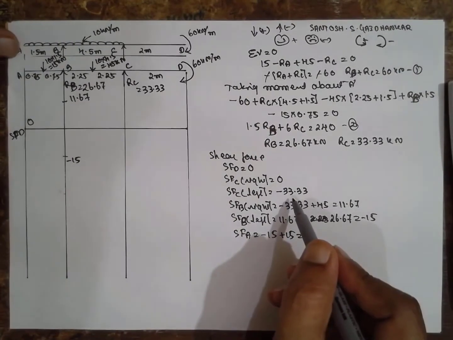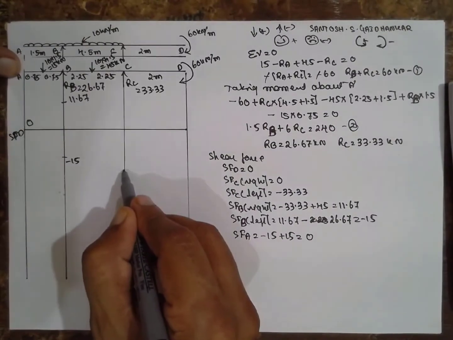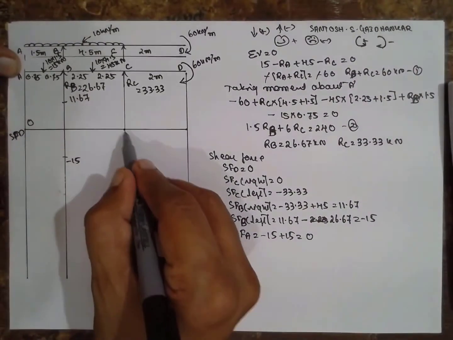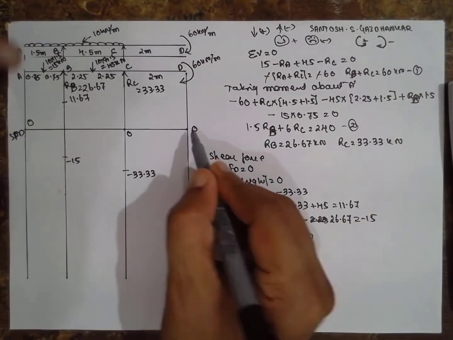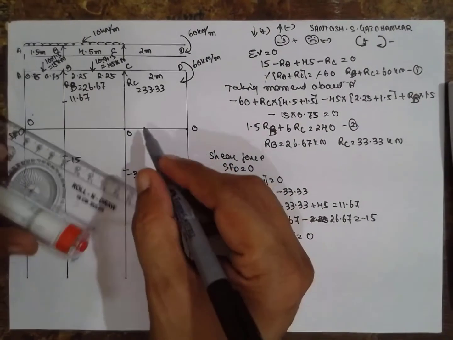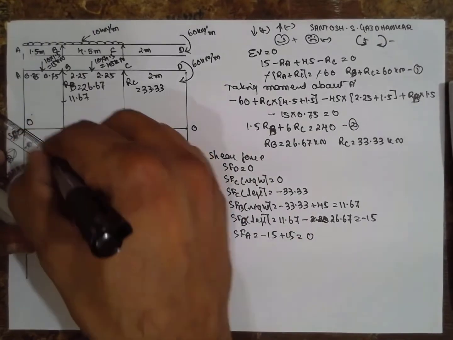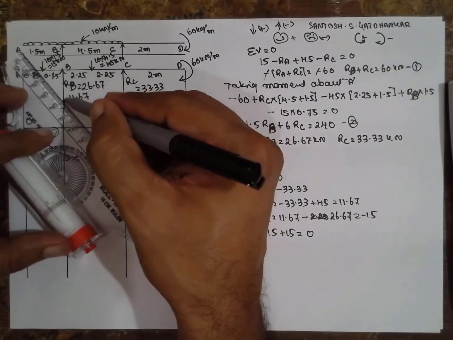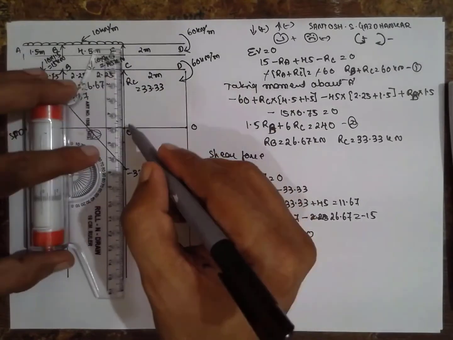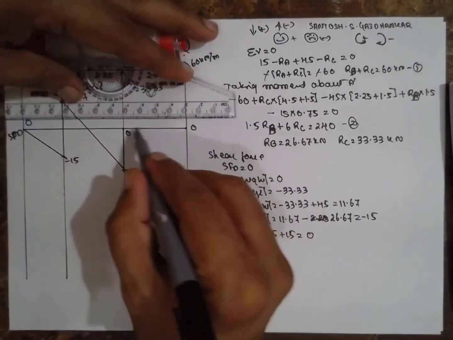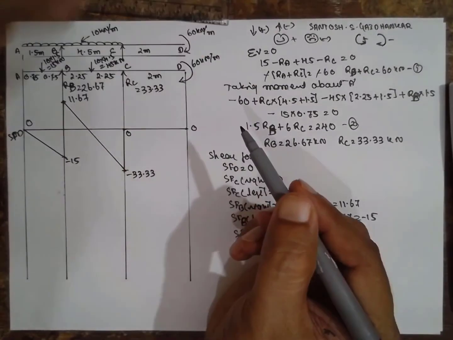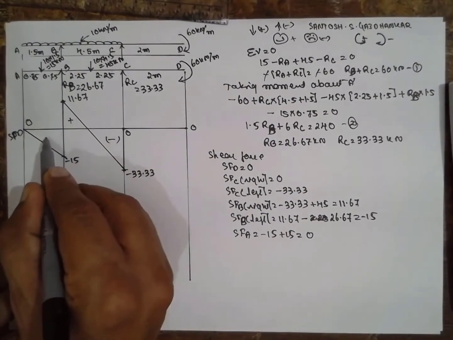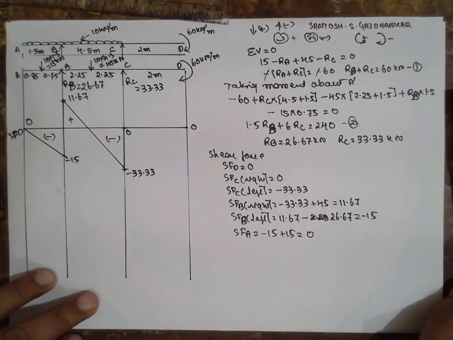Next, 33.33, again here minus 33.33, 0. Inclined line, above line, again there is an inclined line, 0. Negative, positive, negative.